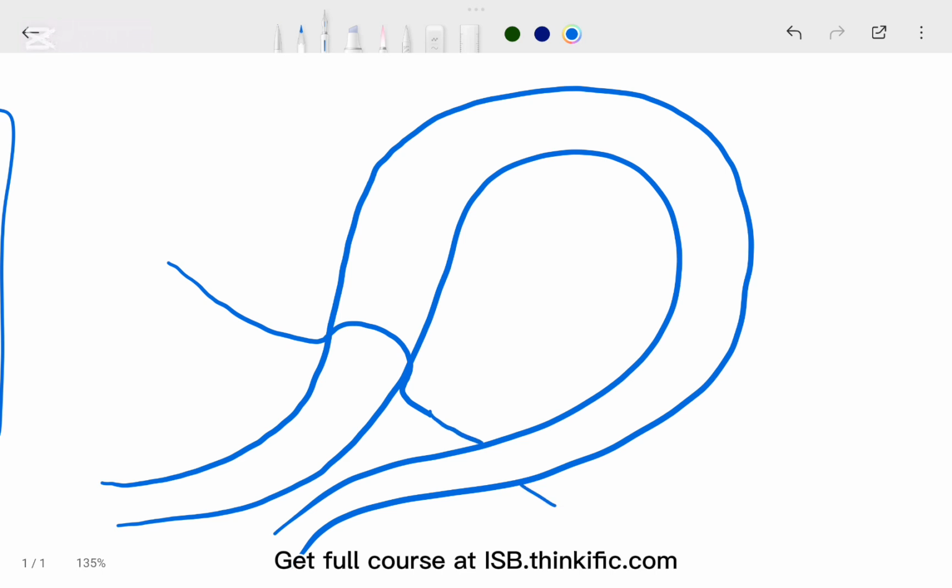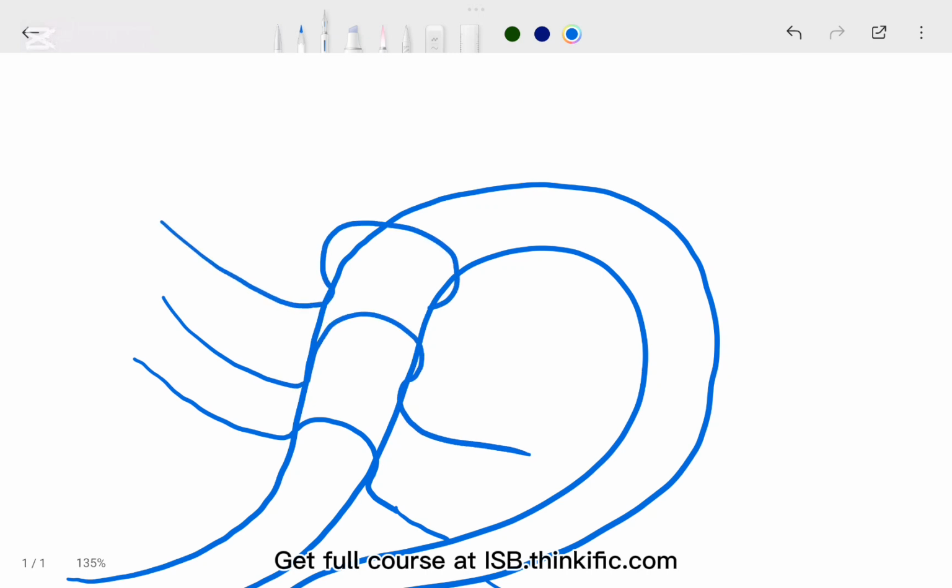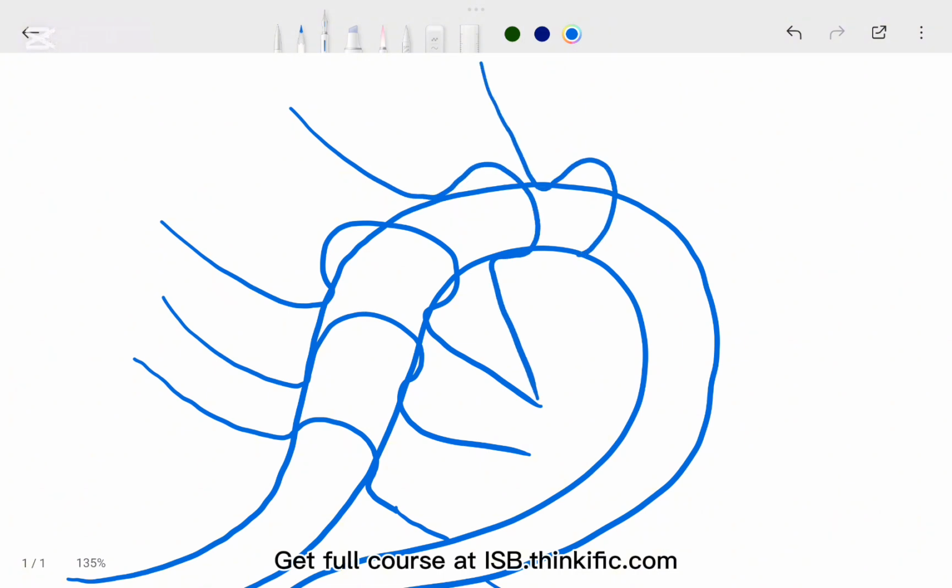Okay, now when it moves out, there are two folds created. That's peritoneum, right? There are two folds created, or two pockets of peritoneum created. A pocket above the DJ flexure, and a pocket below the DJ flexure.